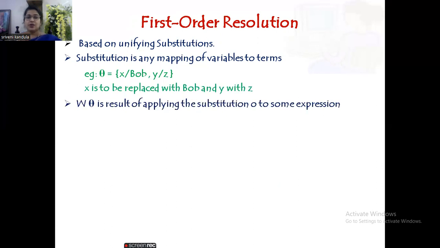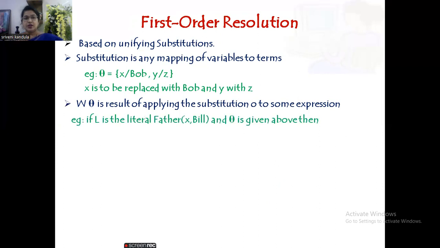Now L theta is the result of applying the substitution theta to some expression. Let us take one expression. If L is a literal, father of x comma Bill, that is our expression, and theta is the same thing. X should be replaced with Bob and y should be replaced with z.